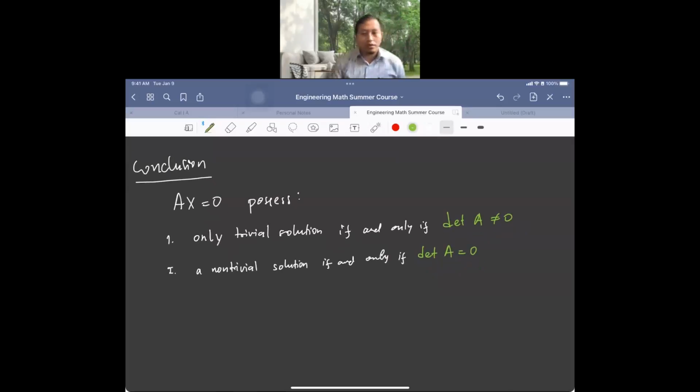So this is the conclusion from the singular or non-singular matrix. And we are going to look at these non-trivial solutions later on in the eigenvalue problem. Okay, later.